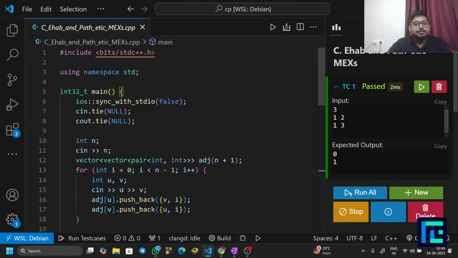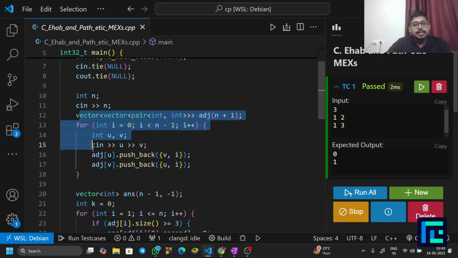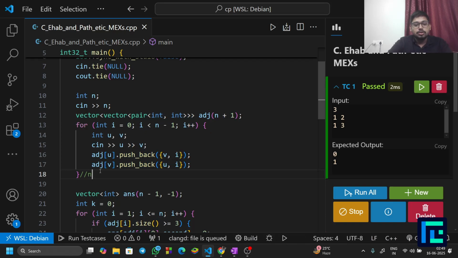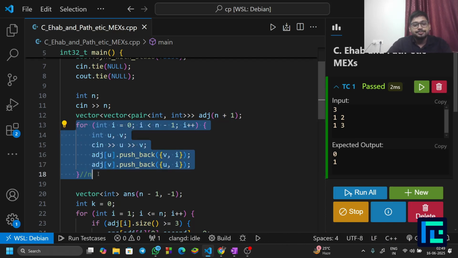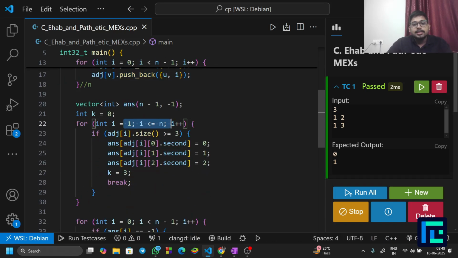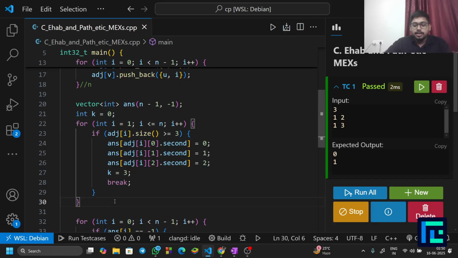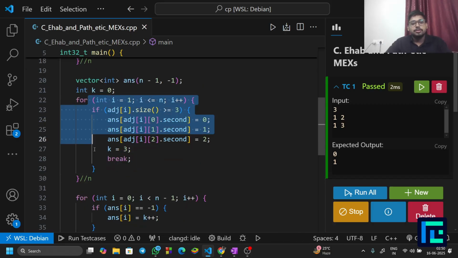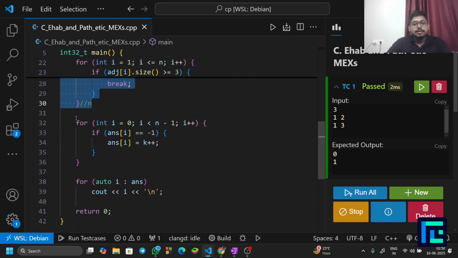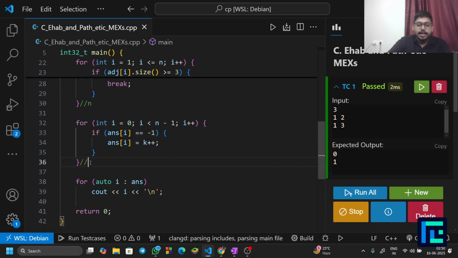Okay, so if we analyze the time complexity, in the input part I have n minus 1 inputs, so order of n from here. This loop runs n times, and under this if condition, all are order of 1 operations. So at max, if this break is not encountered, this would run n times. So order of n for this loop, and this would also run at max n times.